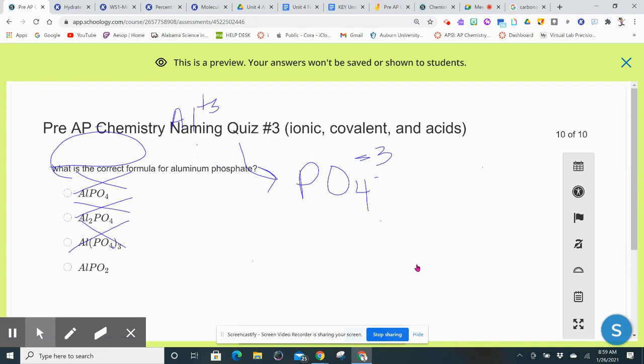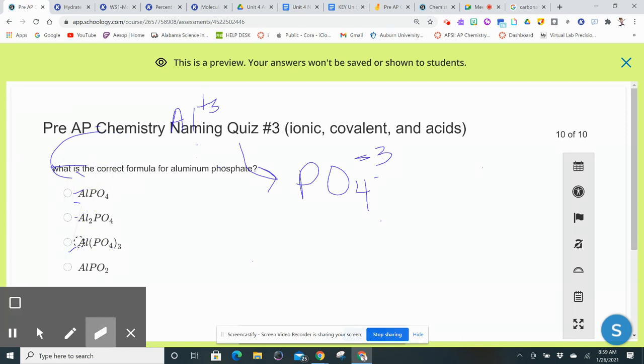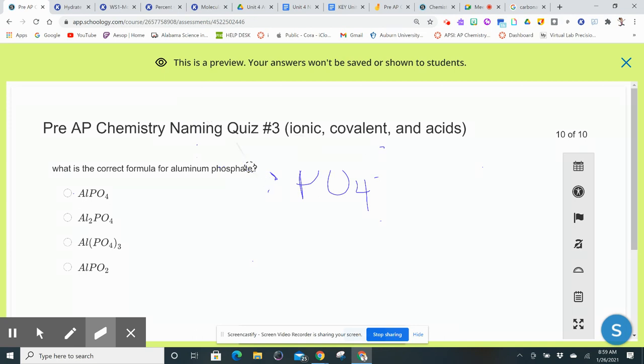All right. So, any questions on naming compounds or writing formulas? Can you name all the exceptions one more time? Exceptions, okay. Silver is a +1.